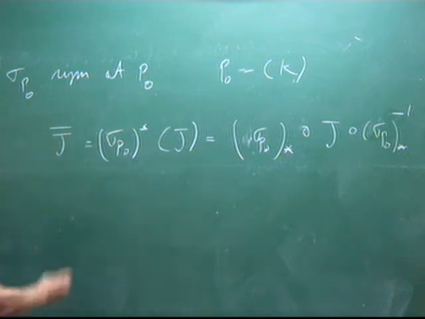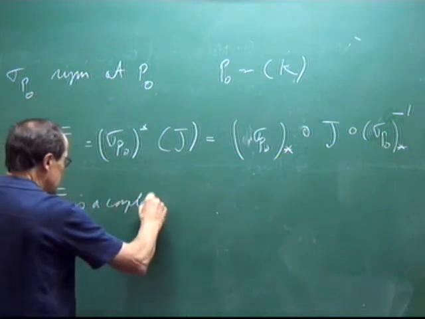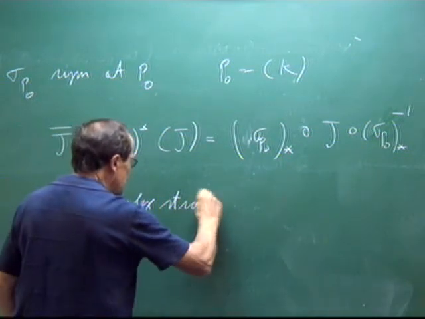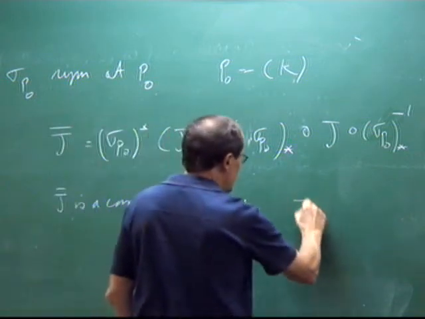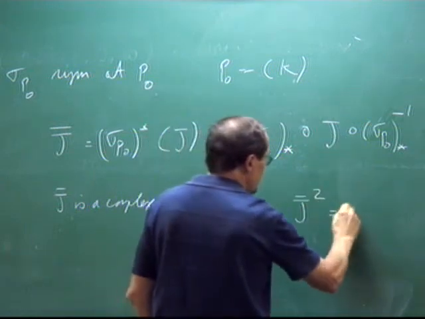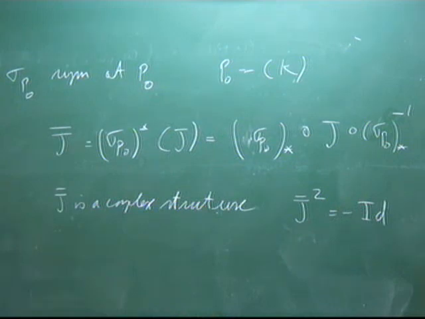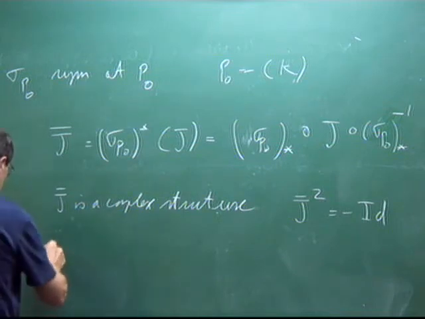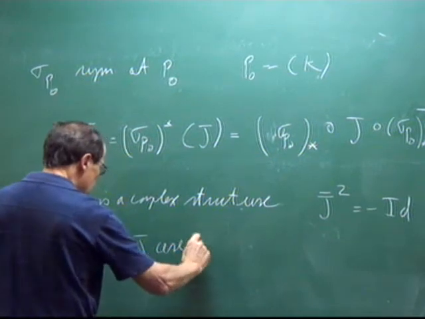So I claim that J bar is again a complex structure. Right, that's clear. If I square J bar, this cancels in the middle. J squared is minus identity, so I get minus identity again, just like over there. So I have another complex structure, which comes from a complex structure J. And now the claim is that J bar and J are left invariant.